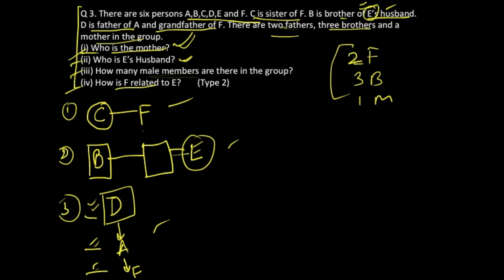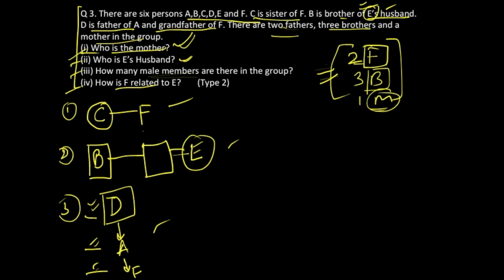We will use the information given in this particular part, that is, there are 2 fathers, 3 brothers and 1 mother, right? So the fathers are always obviously going to be in the rectangular format and the mother is going to be in the circular one. All right, so let's see how we will use that.